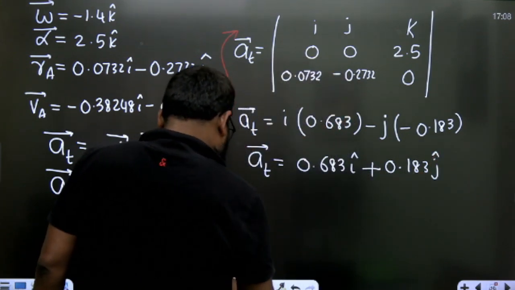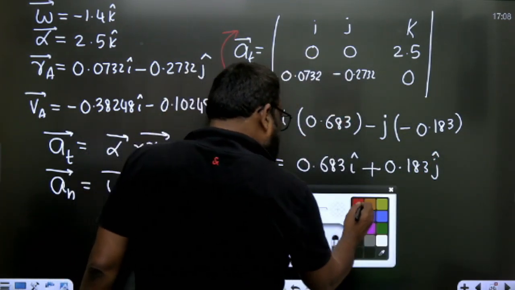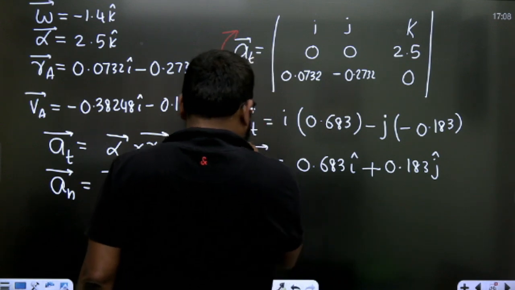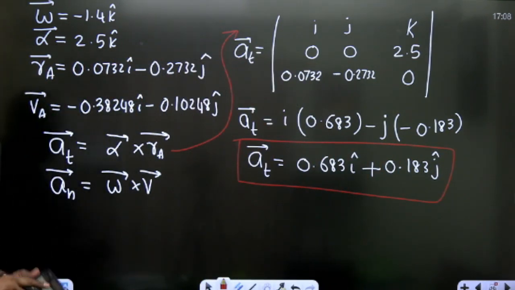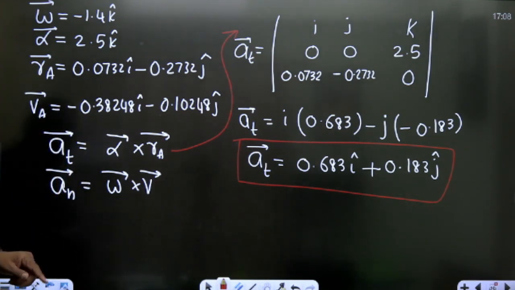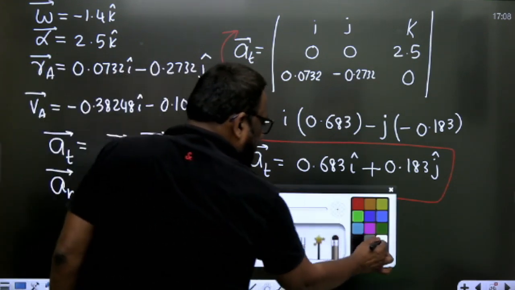This is the acceleration. Which acceleration? It is the tangential acceleration. But is the answer complete? No. I need to calculate the normal acceleration. How do I calculate normal acceleration? First we write the vector.